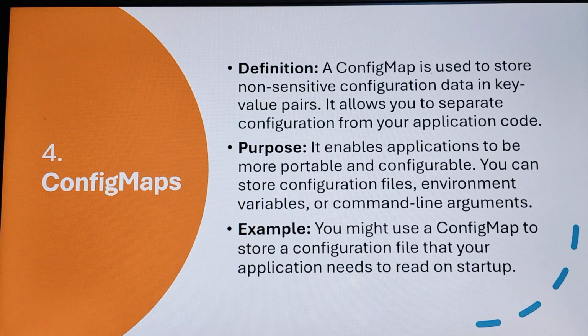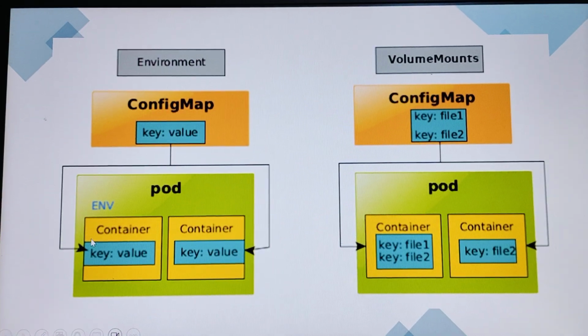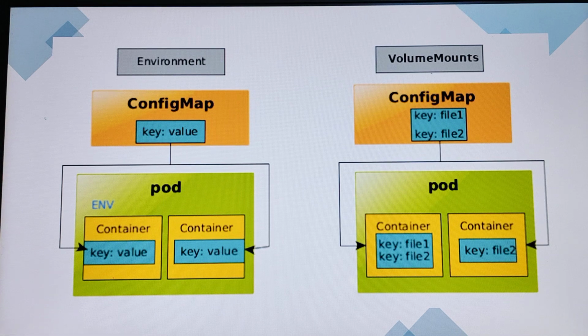Let's talk about config maps. As applications grow, they often require configuration settings like environment variables or configuration files. Rather than hard coding these settings into your application, you can use config maps to store and manage them externally. With a config map, you can separate the application code from its configuration, which makes your application more portable and flexible.